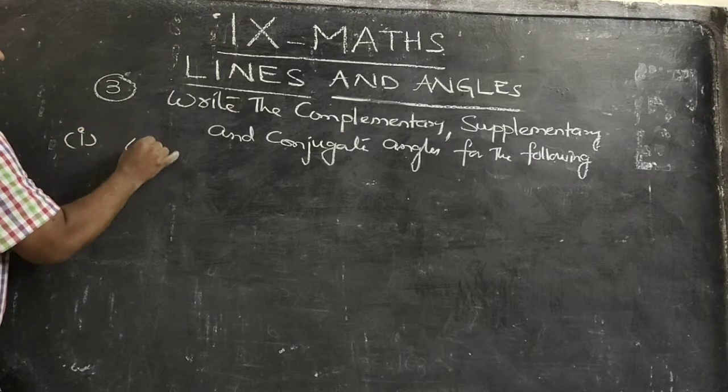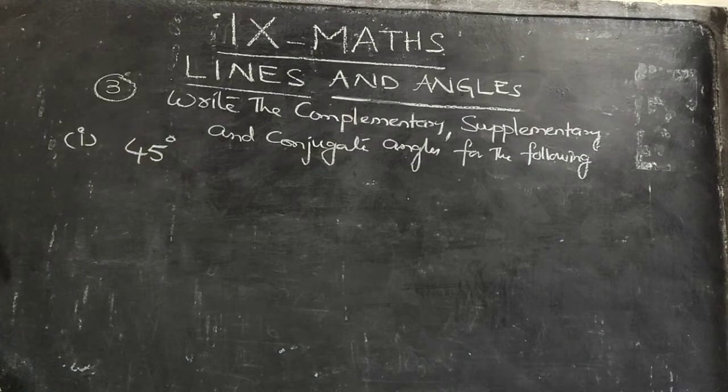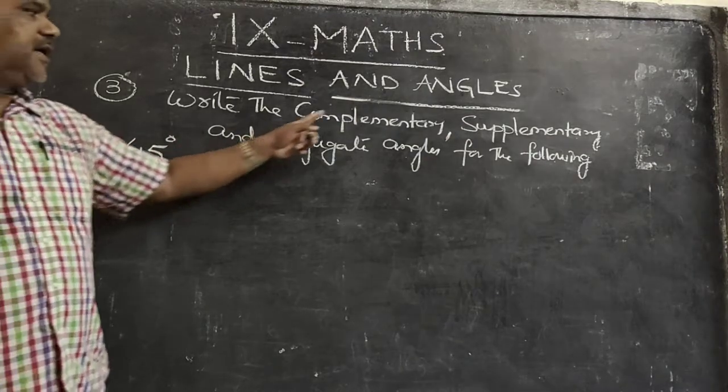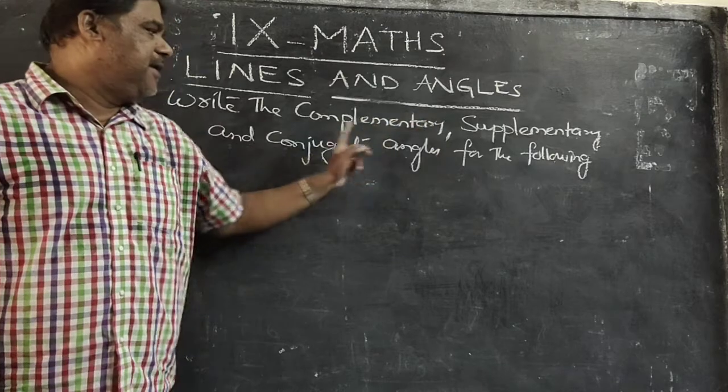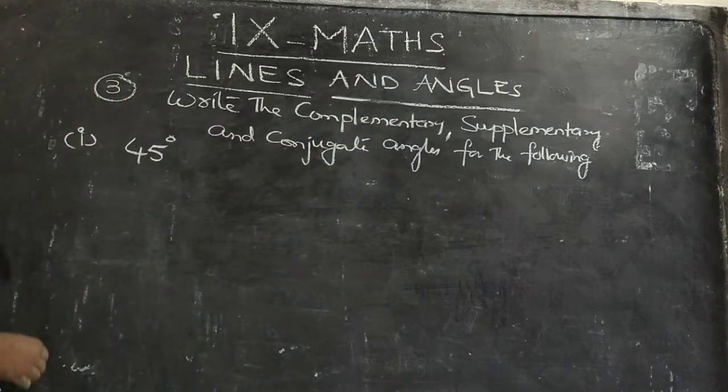First one, 45 degrees. For 45 degrees we should write the complementary angle, supplementary angle and conjugate angle.